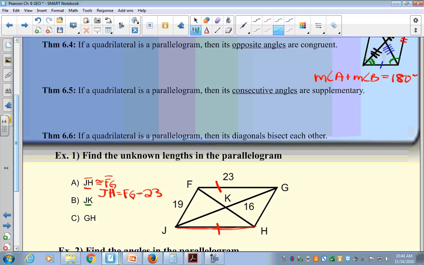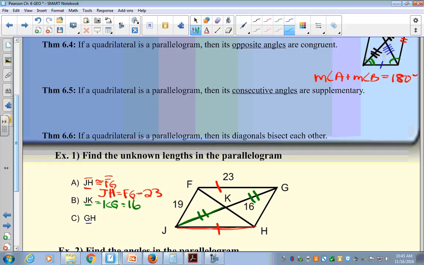So the next one we're going to find is the length of JK. JK is right here. It is the same as KG, and KG is 16. So just putting equals KG and equals 16, that's a sufficient amount of work to get full credit.